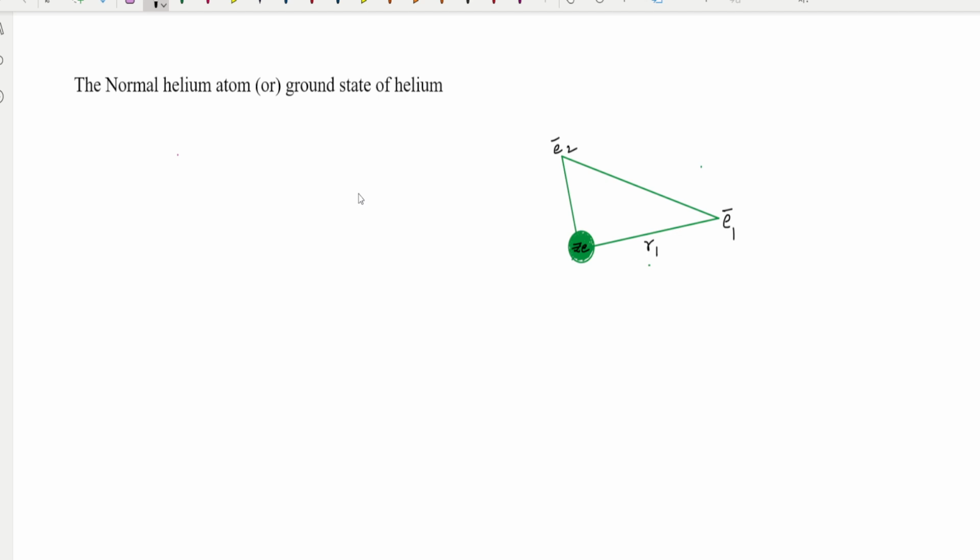These are the radii. So the distance of the first electron from the origin of the nucleus is R1, and the second electron from the origin of the nucleus is the radius or distance R2.